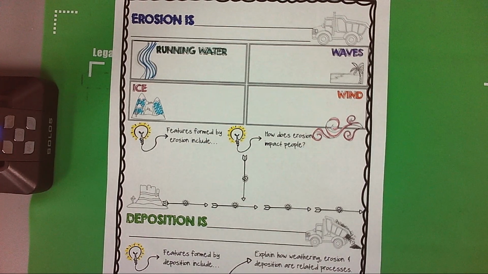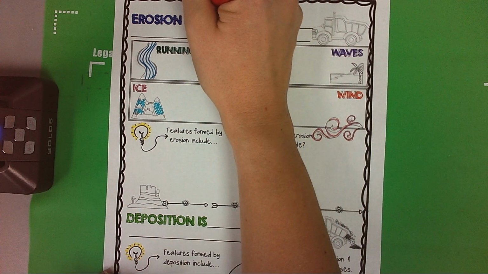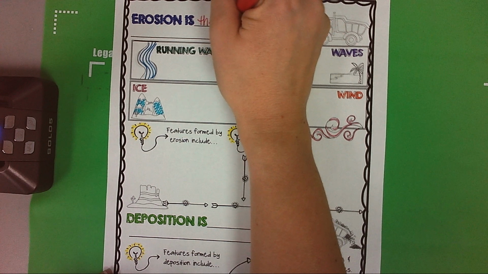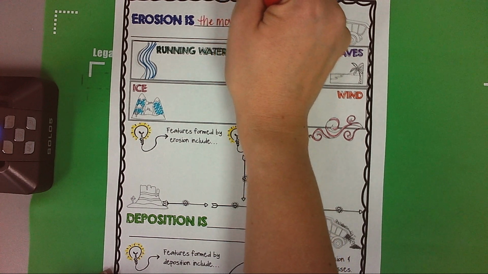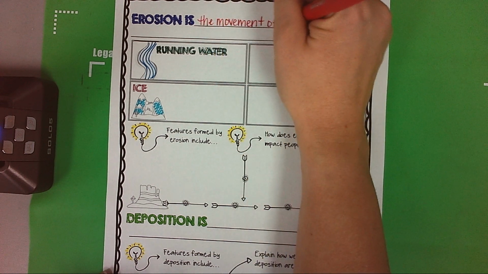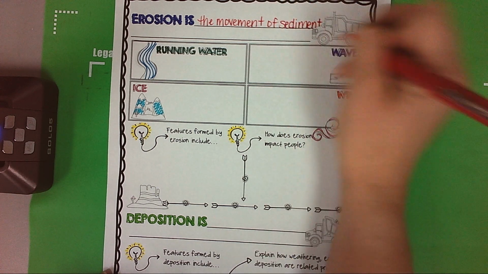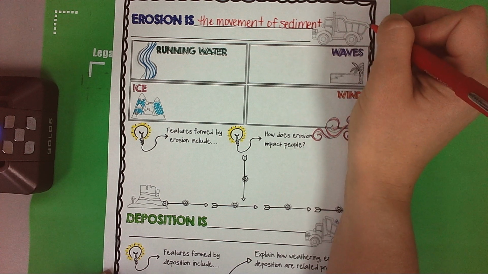What is erosion? It is the movement of sediment. Remember, sediment is pieces of rock. Notice that there is a dump truck. What does a dump truck do?